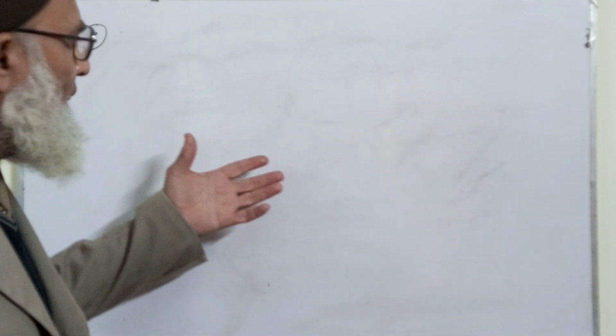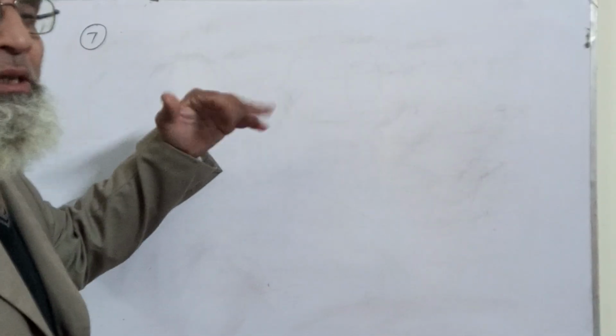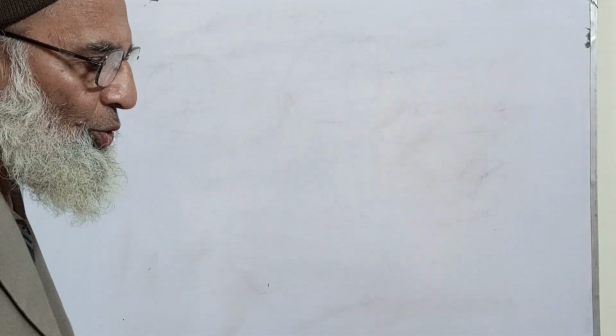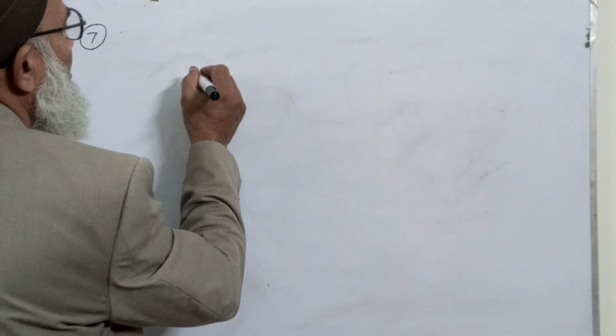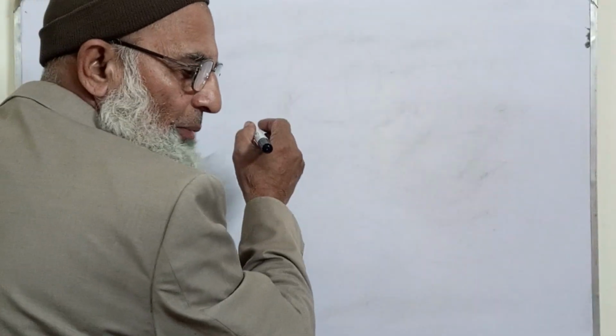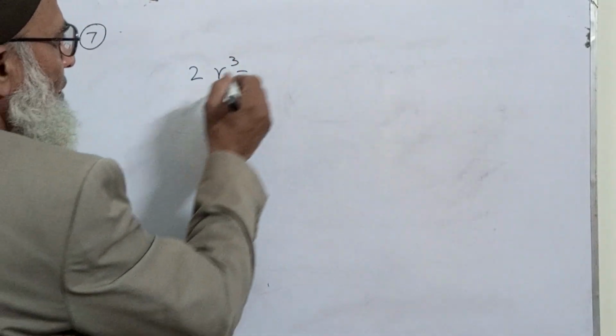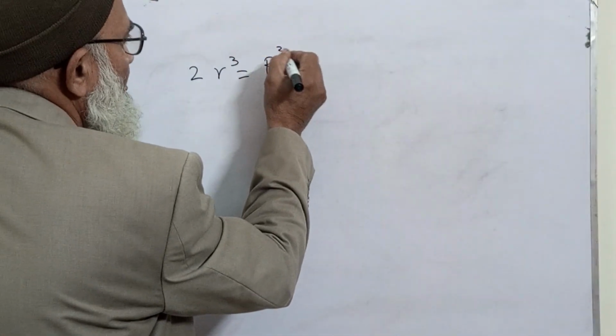The condition was that the larger sphere was twice as much as the smaller one. I was at this point when the camera was switched off, that is equal to r cube.